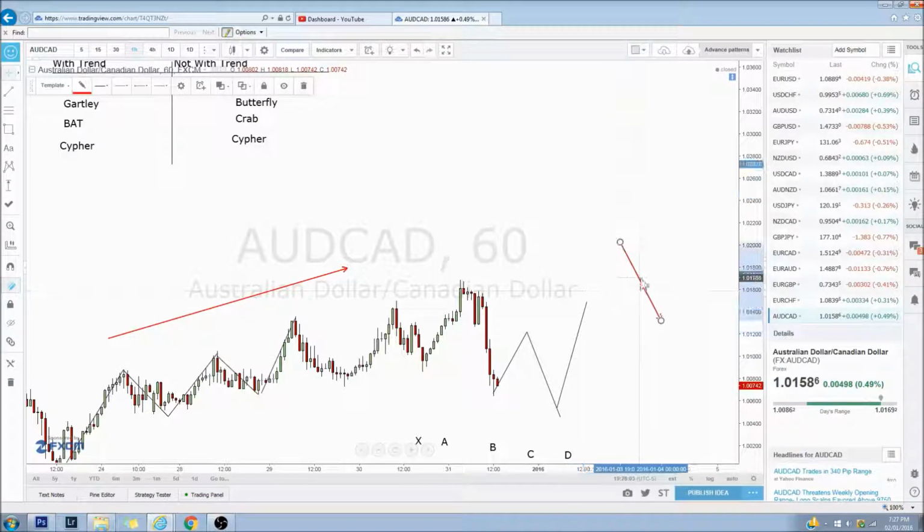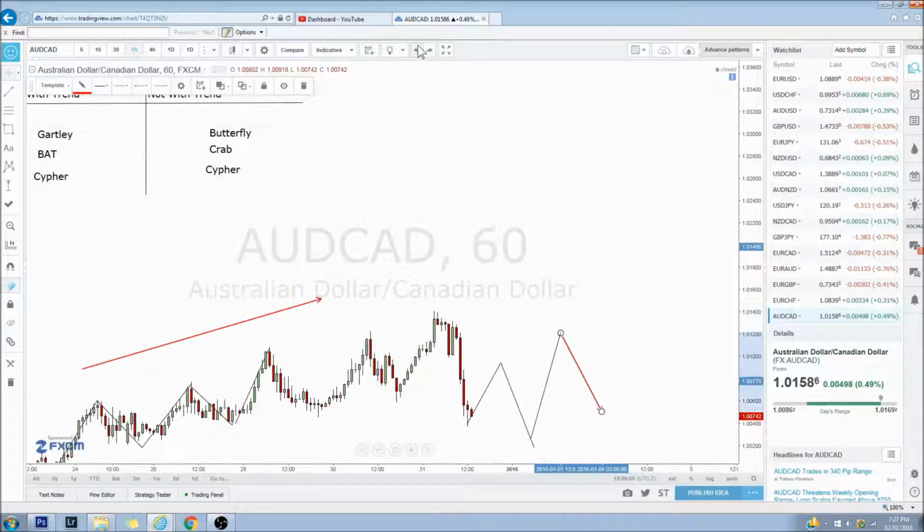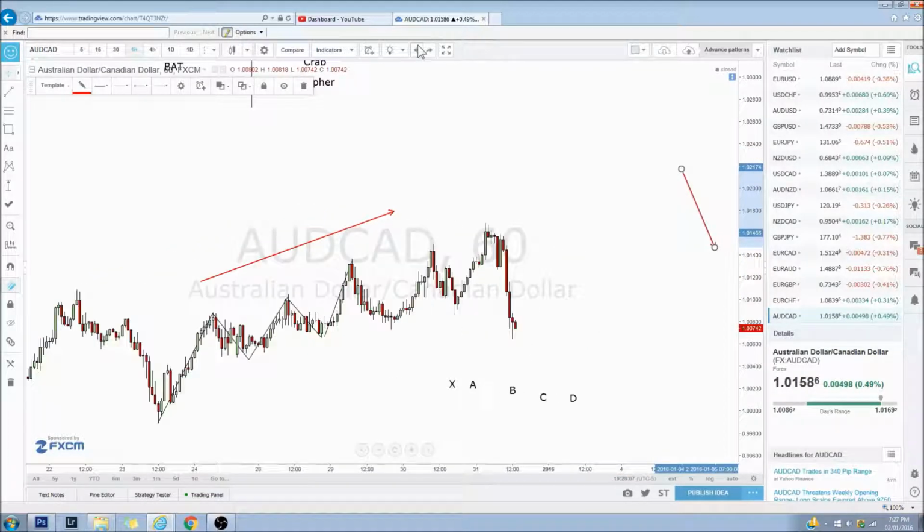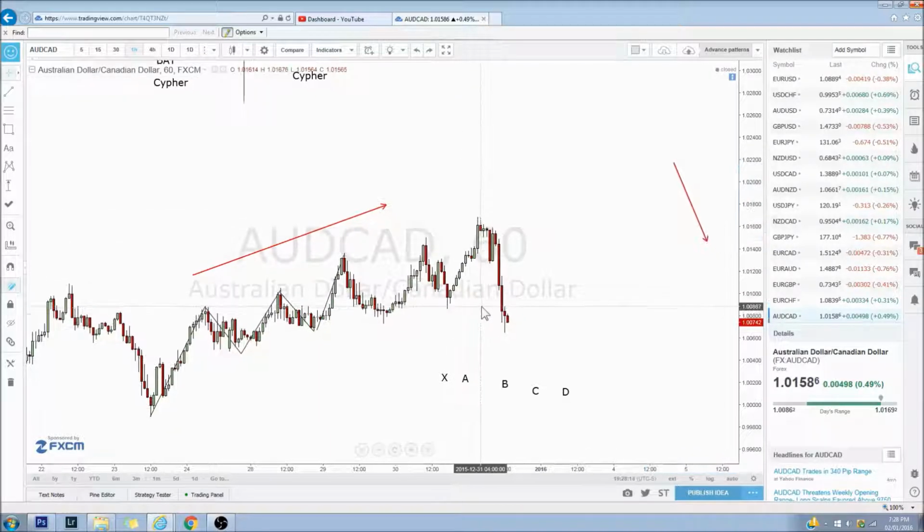Now back to the other ones. We can actually move these out. Back with the other ones, here we have a break of structure to the downside. And now how I identify this as an XA leg is that this has to break below and close above previous structure.